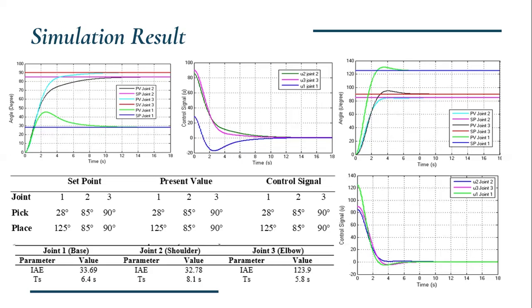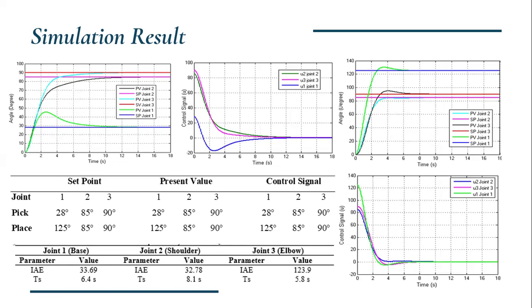Based on the simulation result, it was found that the designed controller can produce a good angular response in tracking the set point value. The resulting control signal is also appropriate: when the target angle has been reached, the signal is at a value of 0.